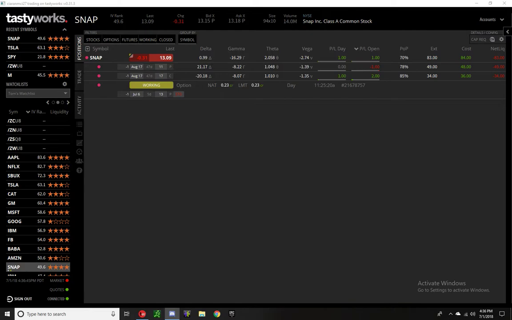So the idea is you buy these options to preserve your capital and to be able to put your money in more places at more times. So this is my take on it now: for example, that Tesla position, the probability of making money was 77%.